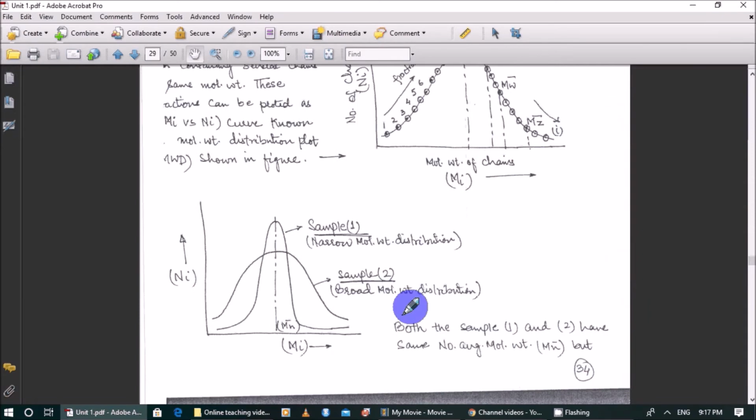Now, depending upon the polymerization system, the molecular weight distribution curve can vary in shape. For example, you can see sample 1. This is the example of narrow molecular weight distribution, where we are getting a sharp peak of this curve.